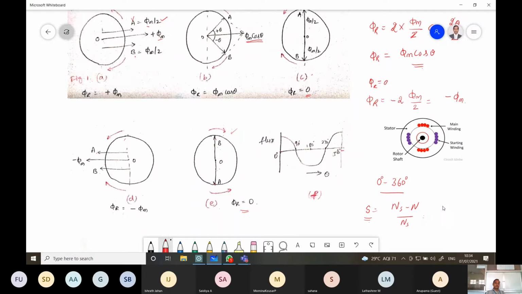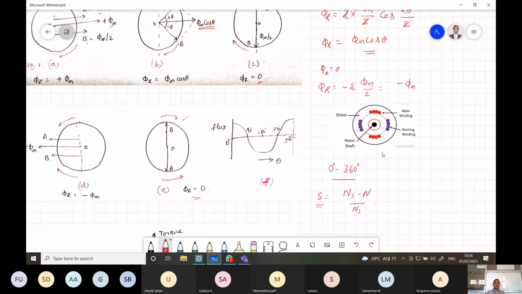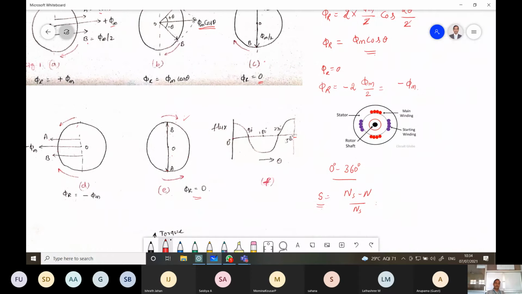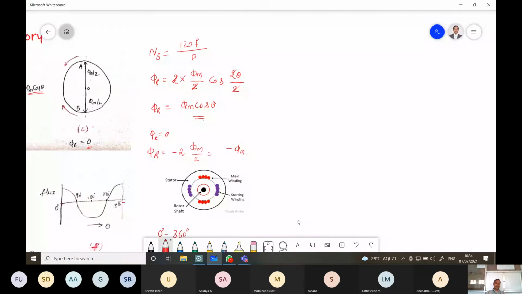So s is with respect to the forward rotating flux, and there are two rotating fluxes. One is the forward rotating flux, another one is the backward rotating flux. In both cases we need to calculate the slip: slip at forward rotating flux and slip at backward rotating flux.